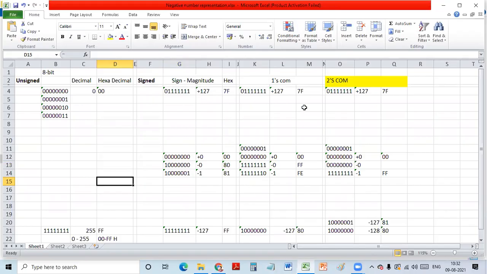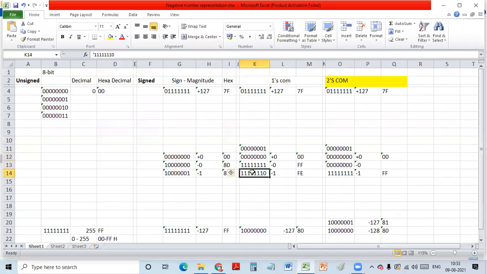The next representation for integers, unsigned and signed, is 1's complement. In 1's complement, negative numbers are represented by complementing each corresponding bit. Hence we have negative numbers from -1 up to -127. Here also the most significant bit is 1 for negative numbers and 0 for positive numbers, with 0 to plus 127 in the positive range.